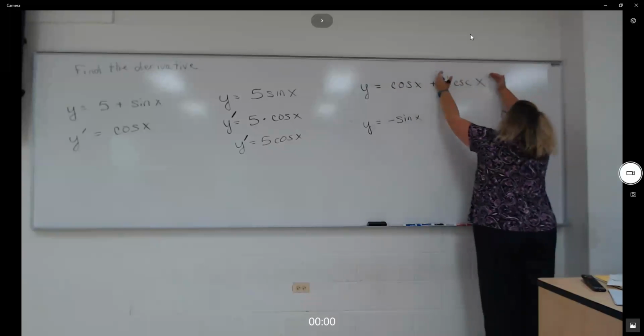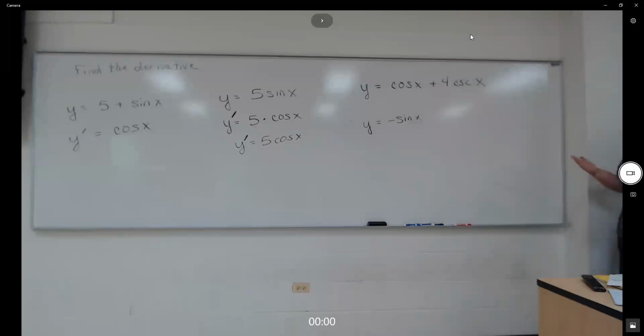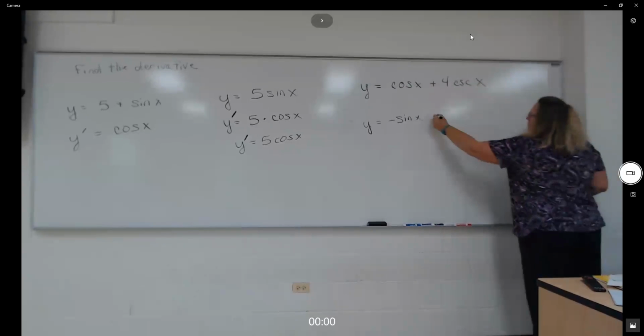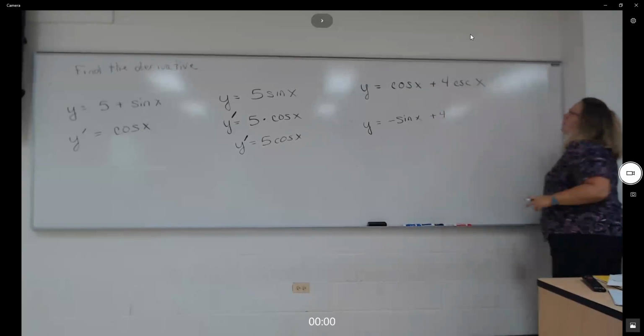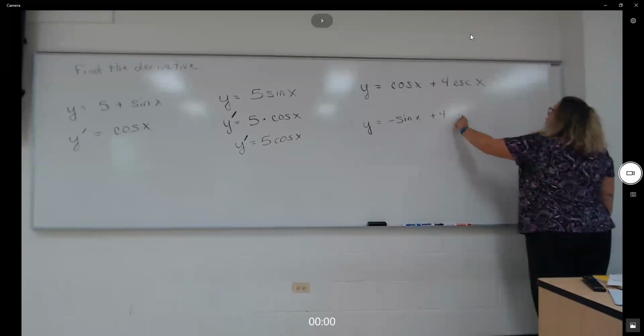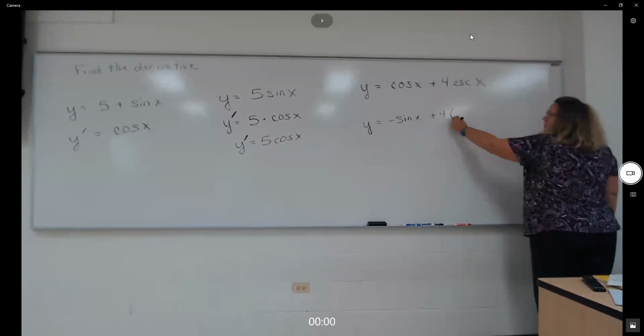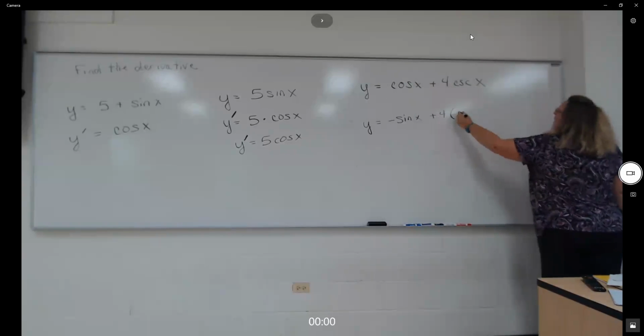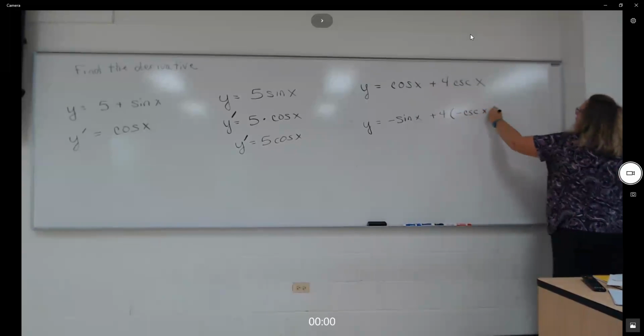Now we do that second term, and there's that 4 floating around. That's just going to come down. The derivative of cosecant is negative, so don't just put a minus, it's times, because we talked about that. It's 4 times negative cosecant cotangent.